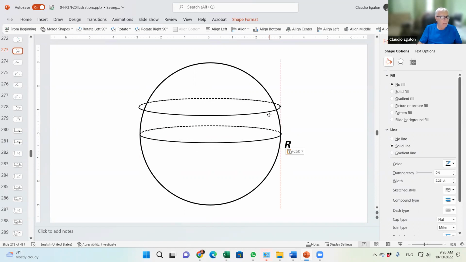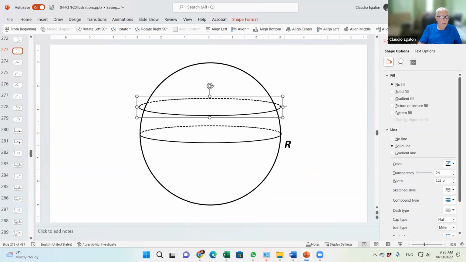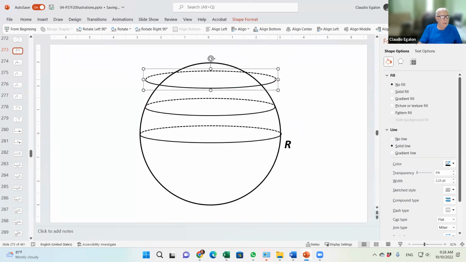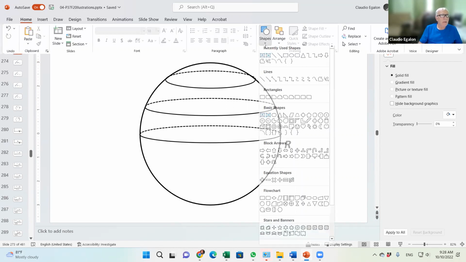Higher latitudes, in the northern hemisphere. Let's say here's 30 degrees latitude north, 60 degrees latitude north, and here the North Pole is 90 degrees.